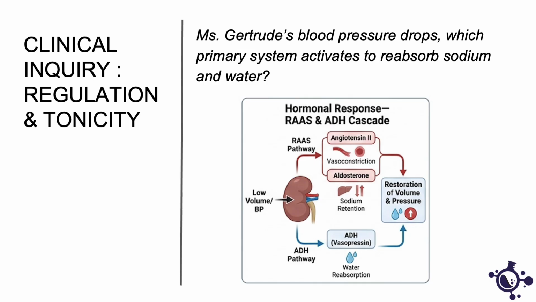Aldosterone would also be released, which helps with increasing sodium retention. And we know wherever sodium goes, water will follow. So that will also help to increase Miss Gertrude's blood pressure and also the volume.